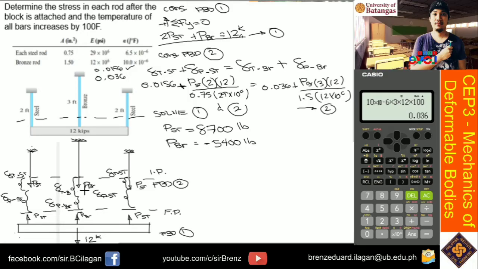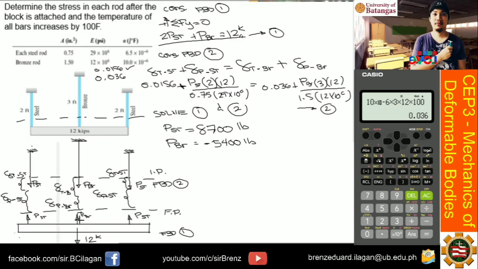Mas madali siyang humaba kapag naiinitan. So base doon sa kanyang material properties, yung alpha, di ba mas malaki yung value niya.